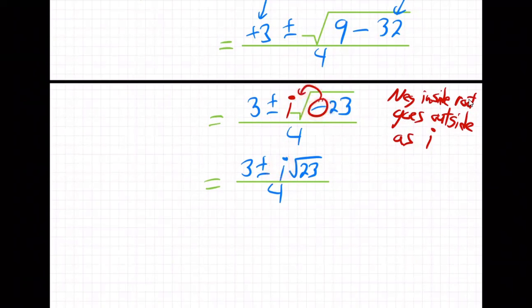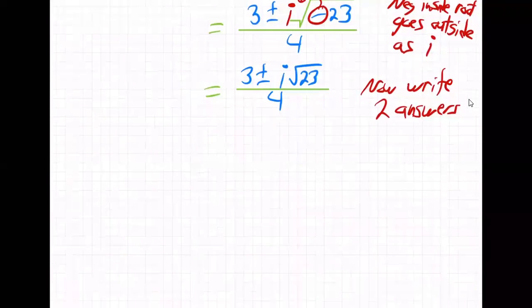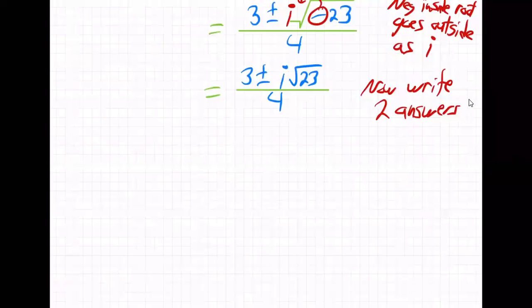Just like that. We still have to separate the plus and the minus, right? So would your equation be 3 plus i square root 23? Yep, exactly. So now we'll just write the two answers.